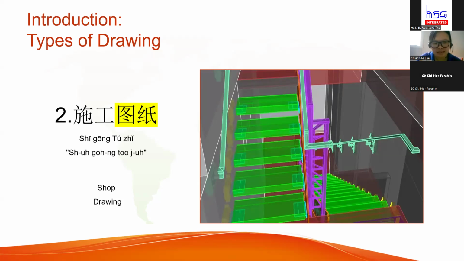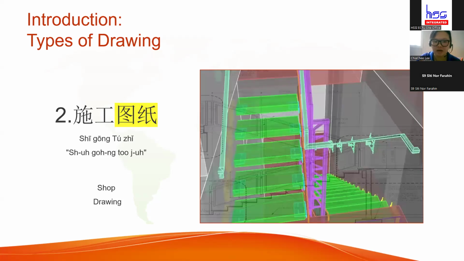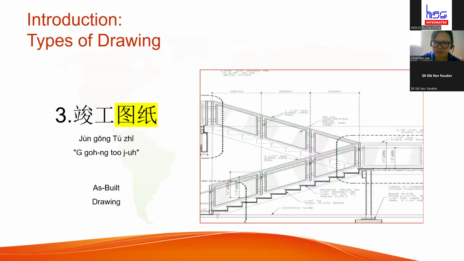All right. Then the last type we have today is called the as-built drawing, which we recently had the training on, the 竣工图纸. 竣 itself means completed. 工 is the work. So work completed drawing is the as-built drawing. 竣 is fourth tone and 工 is first tone.